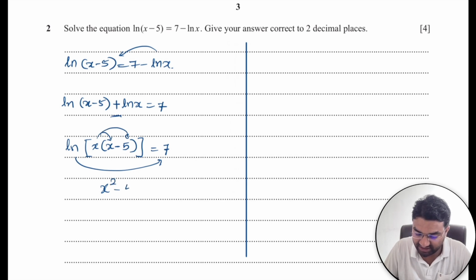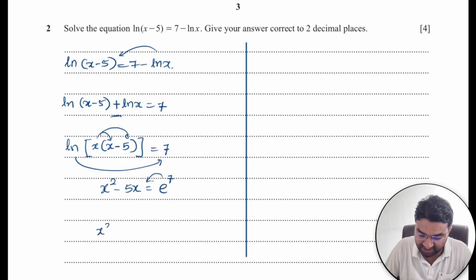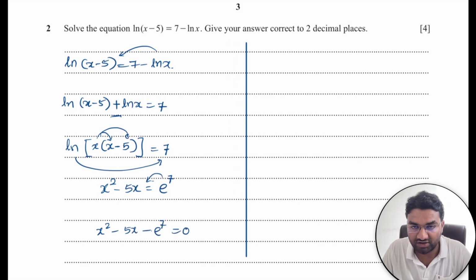So x squared - 5x = e to the power of 7. Take this to the left hand side. It will be a quadratic equation: x squared - 5x - e to the power of 7 = 0. Now use your calculator and you will get the two values of x.